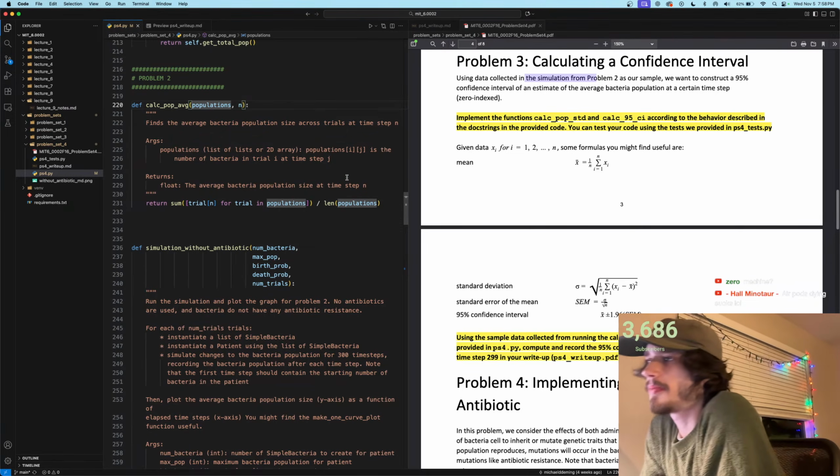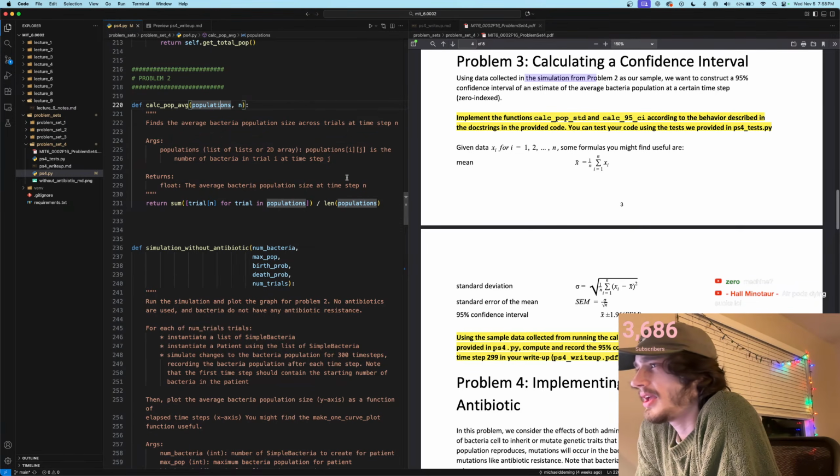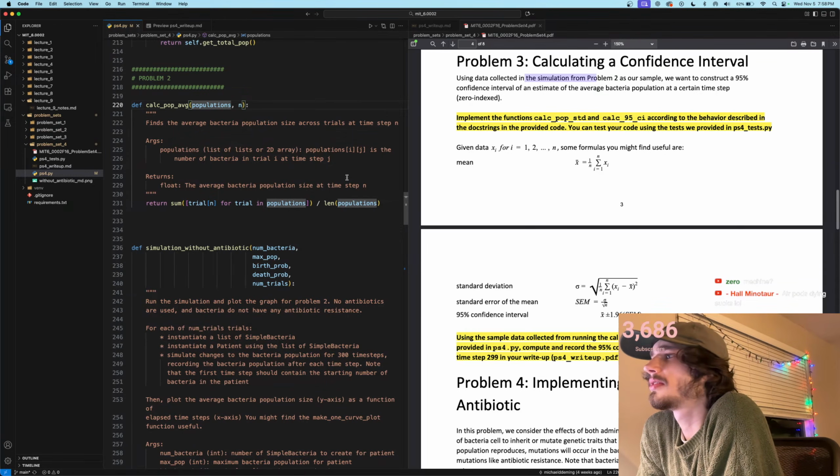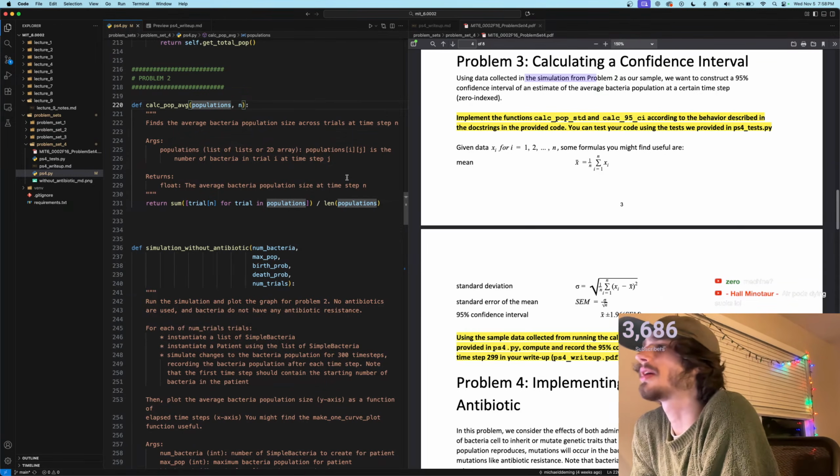Okay, so hold on. So populations is a 2D array. The number of bacteria in trial i at time step j. Okay, got you.